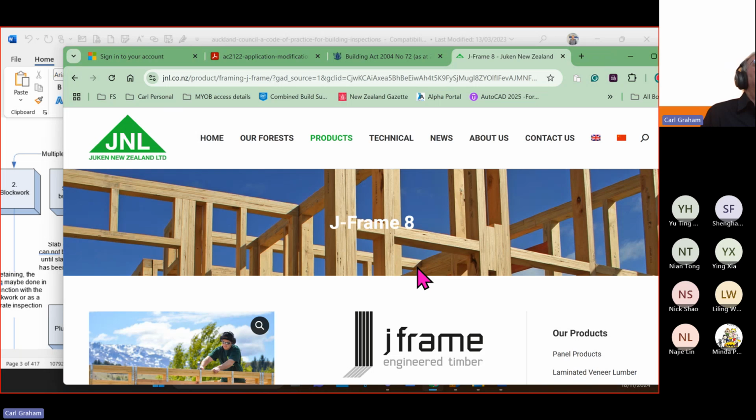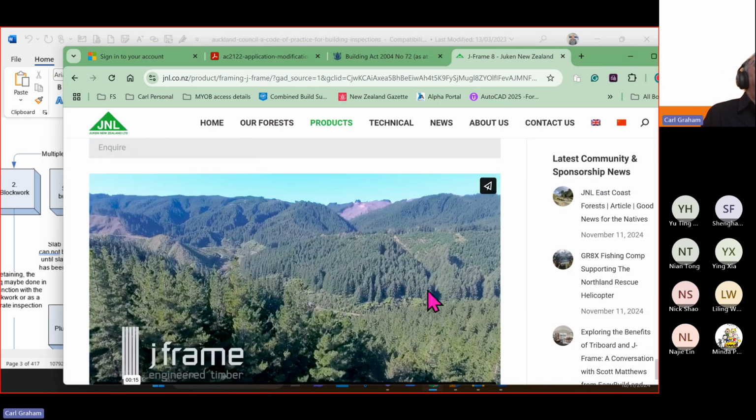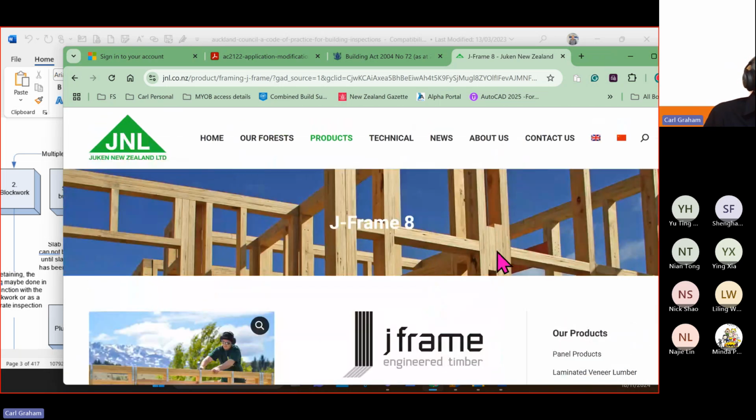So when you look at that screen, you can see it's got little lines in it. It's laminated together, right? So it's got little bits of timber all glued together. So really, it's plywood, but it's framing, and it's very, very straight.